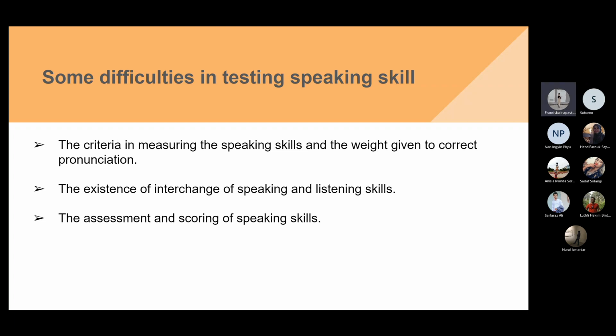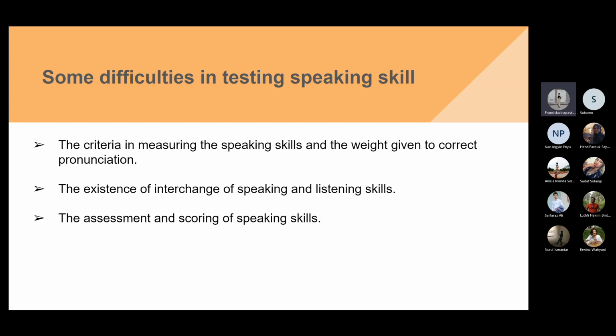So it's possible to have a meaningful conversation without understanding what is being said. Through this problem, this interchange of speaking and listening skills can increase the difficulty of analyzing exactly what is being tested.